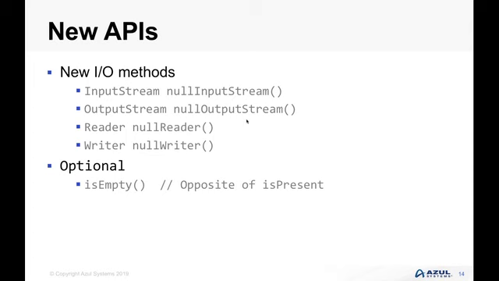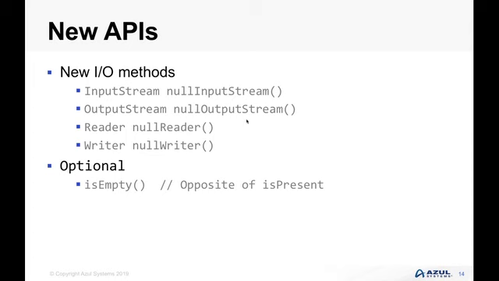What this allows you to do is effectively the same as /dev/null in the Linux operating system. If you use the output stream, you can throw as much data at it as you like and nothing will happen. And if you read from either the null input stream or the null reader, you will always get precisely 0 bytes. Now you might think to yourself, not really sure what the use of those are.